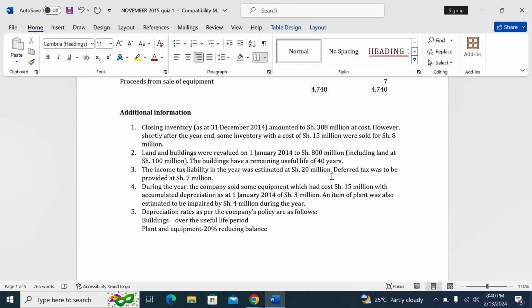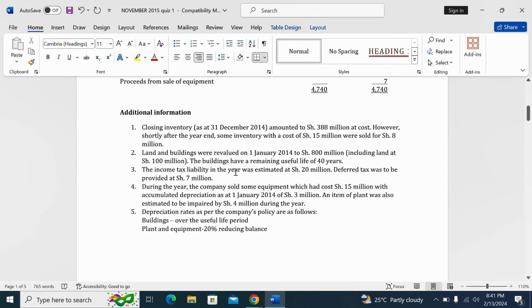And if there was any over provision or under provision of previous year's tax, the over provision you deduct from your tax expense, and the under provision you add to your tax expense.